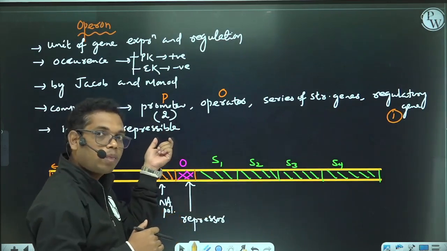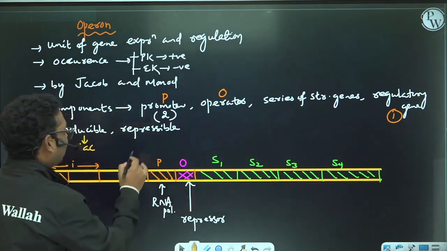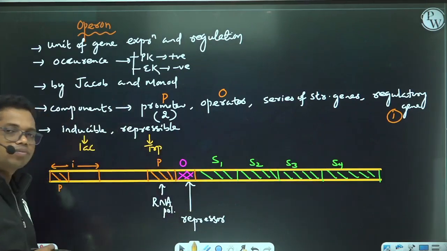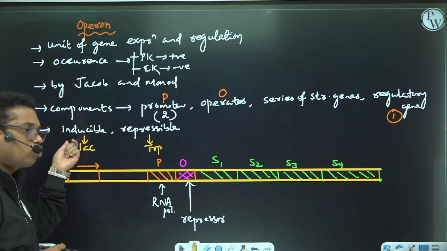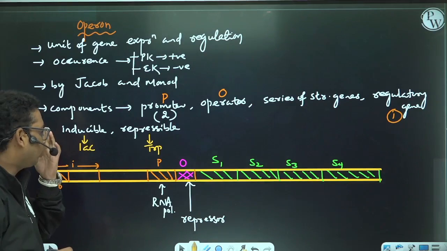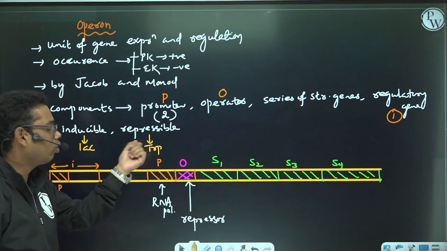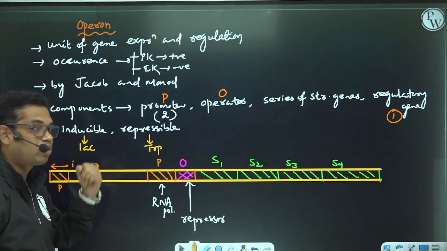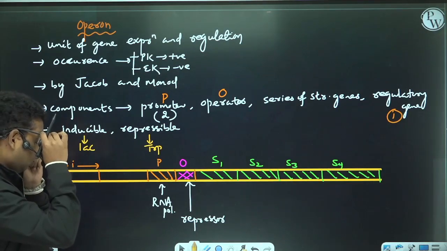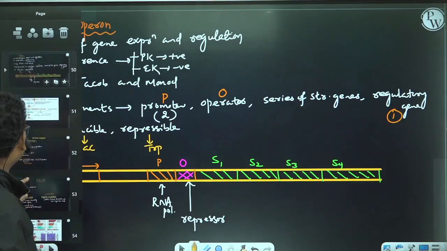Which are normally switched on, but in the presence of chemicals they are switched off, they are repressible. And the example is tryptophan operon. Normally switched off, in the presence of inducer, it will be switched on. Normally switched on, in the presence of inhibitor, it will be switched off, that is repressible. Okay, now let us talk about the lac operon.